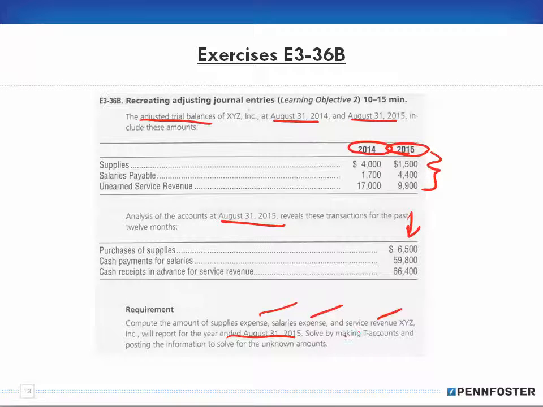Solve by making T accounts and posting the information to solve for the unknown accounts. So basically what they're saying here is let's create these three T accounts and have the balances in the accounts. So let's go with supplies here.